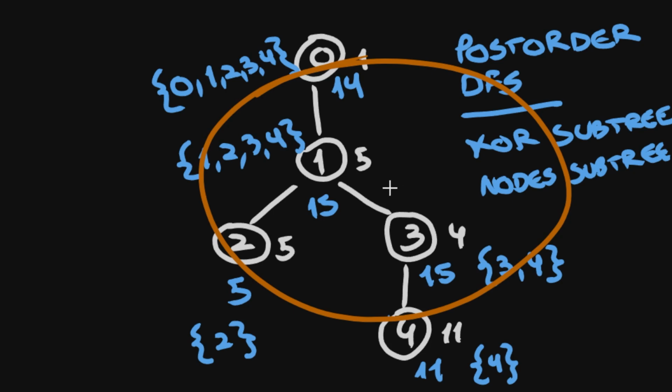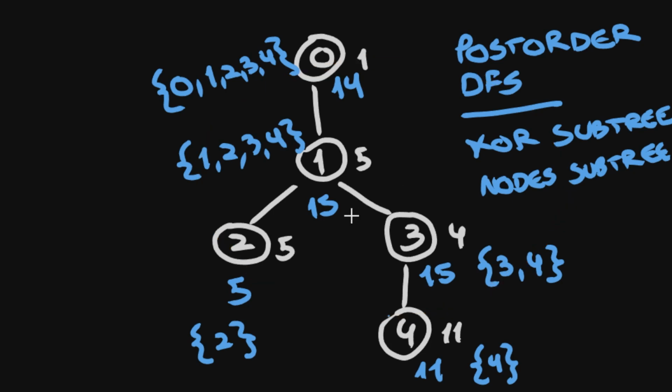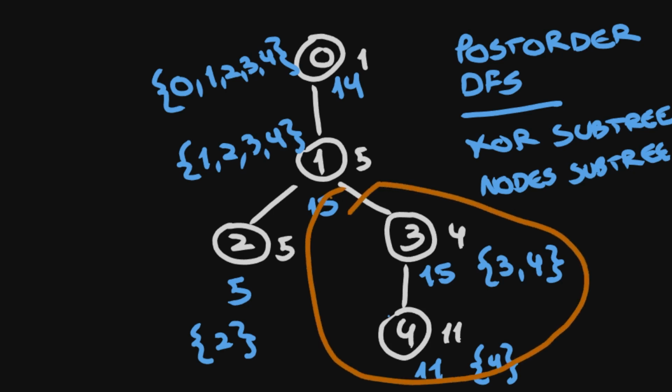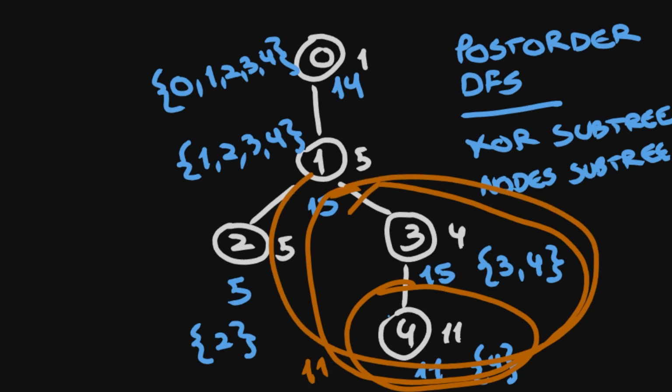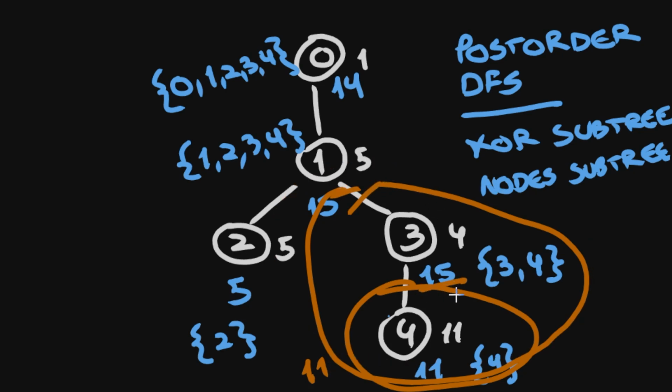And we have two possible scenarios. We can split this in such a way that we have nested components. So for example, if we remove this edge, meaning we take this component, we can also take this component, and the XOR value for this inner component in this case is 11, and the XOR value for this outer component is this, meaning 15, and we need to subtract the corresponding value for this subtree.